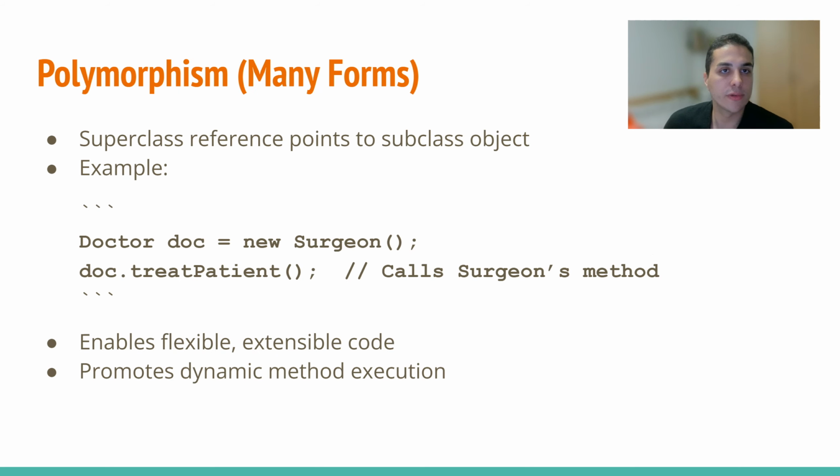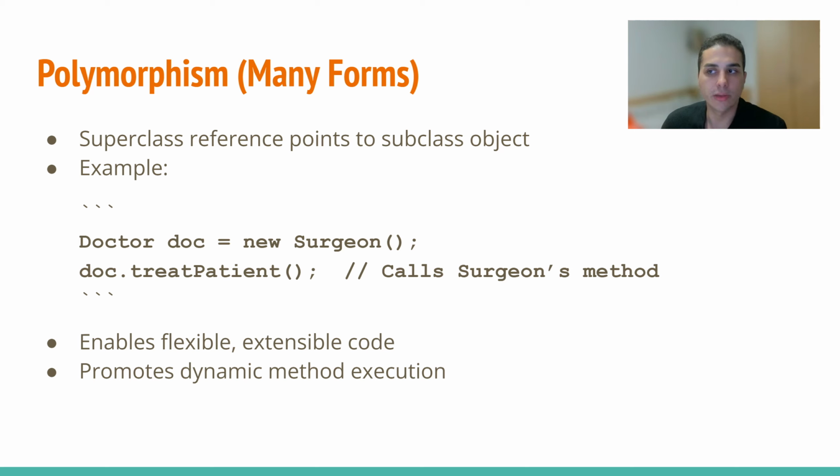And then we have polymorphism, which literally means many forms. In Java, it refers to the ability of a single interface to represent different underlying forms, different types. The most common manifestation is method overriding and dynamic method dispatch.